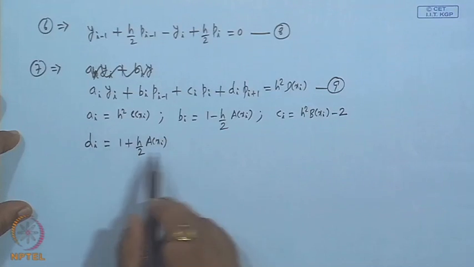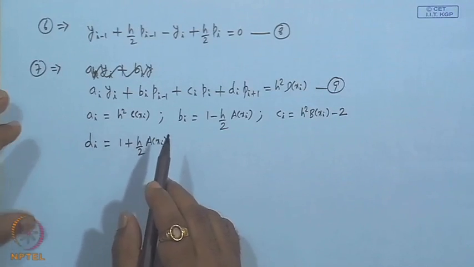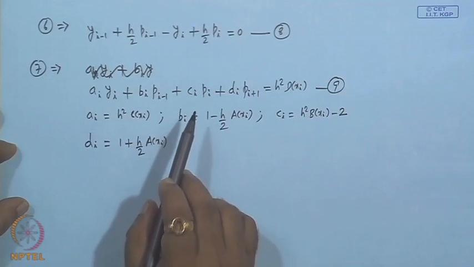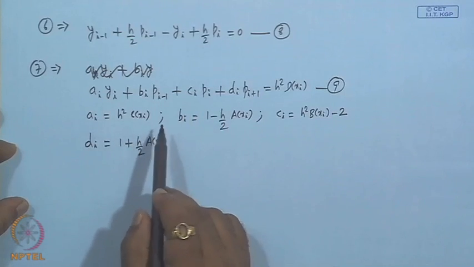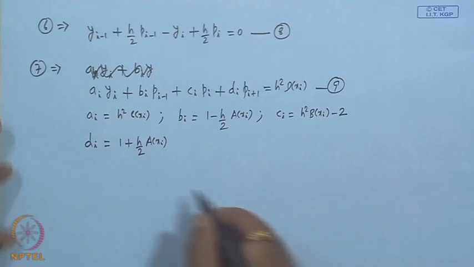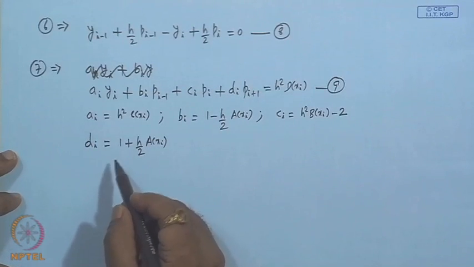Now, we have to somehow adjust the number of equations and the number of unknowns. Okay. So, how do we do it? Let us proceed step by step.